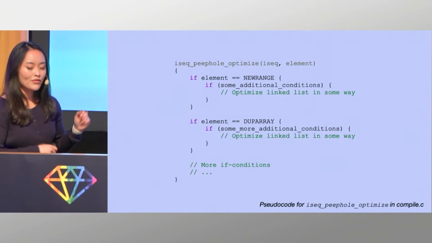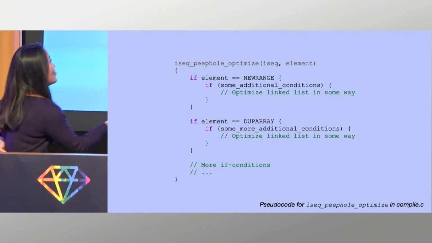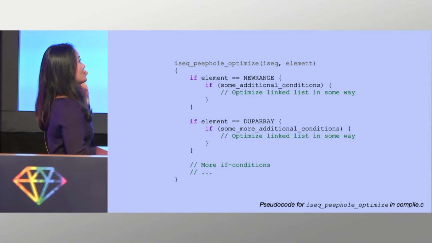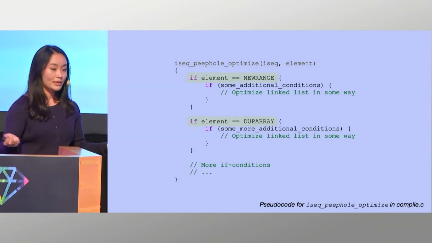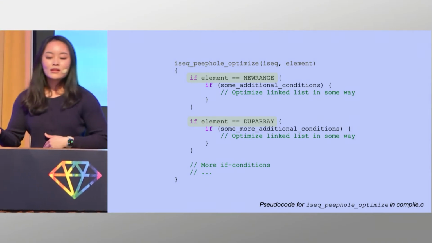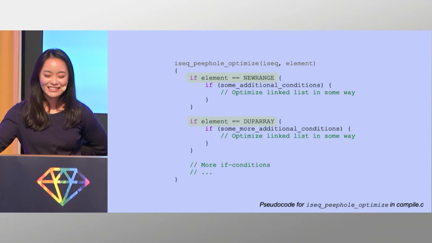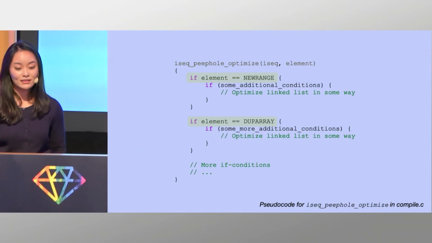But anyway, moving on. It's a bunch of if conditions, but I kind of simplified it for you a little bit here in this pseudocode. Essentially, for each element that we're checking, we want to see if it matches any of the cases of the optimizers. So before you say anything, yes, it's basically like a pattern matching function. It's like pattern matching and then conditional replacement if it matches that case.